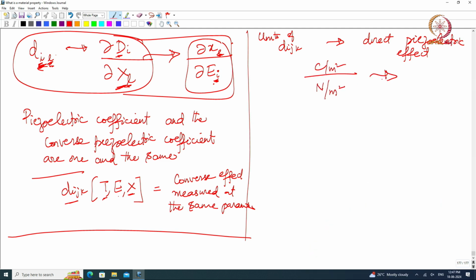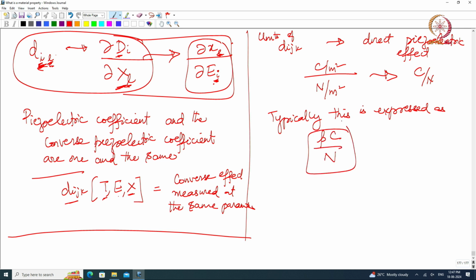So, the unit of this is Coulomb per Newton, or typically this is expressed as picocoulomb per Newton, because most of the materials have values of dijk in this order. So, I have something like 6 picocoulomb per Newton.